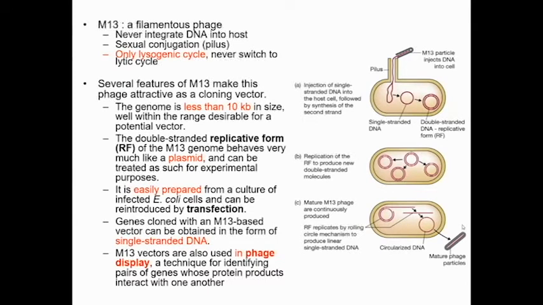So that's the M13. M13 size is normally less than 10 kilobase, so it's okay to be used as the vector to carry the DNA. It is easily prepared from a culture of infected E. coli cells and can be reintroduced by transfection.